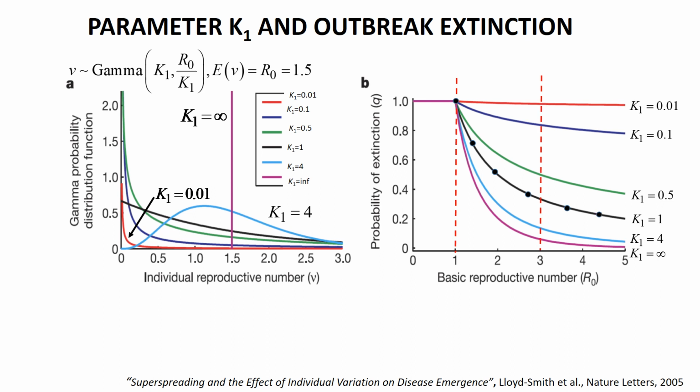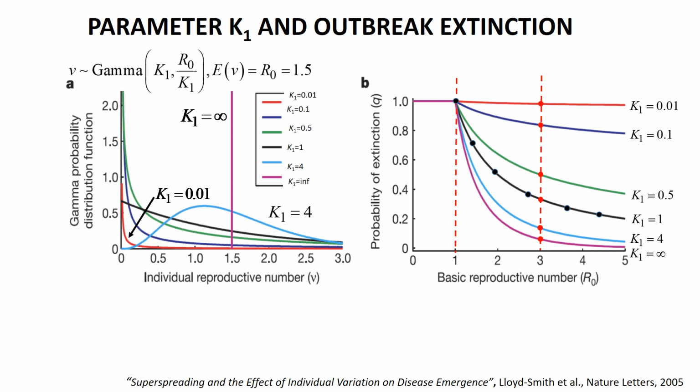Now, if I set the reproductive number to 3, so I have a fixed reproductive number, and I start reducing the value for K1, what happens? We can see that the probability of extinction increases. Why is that?